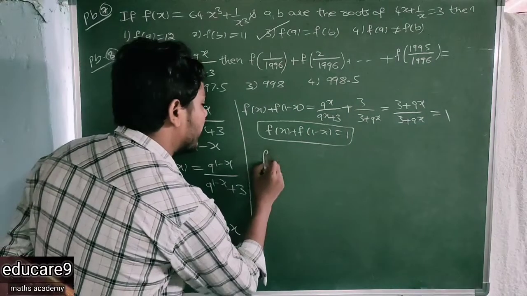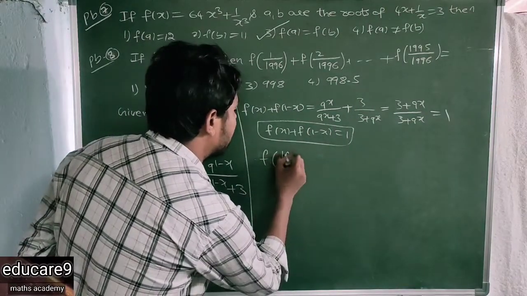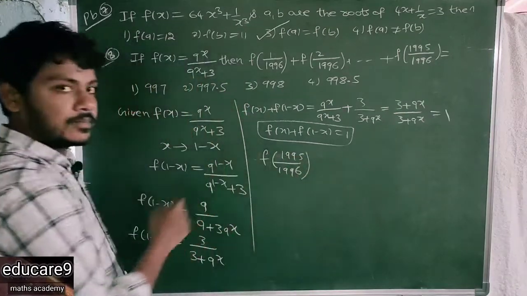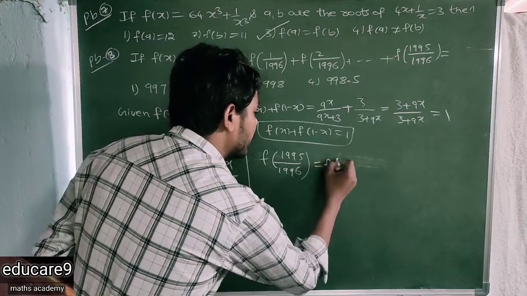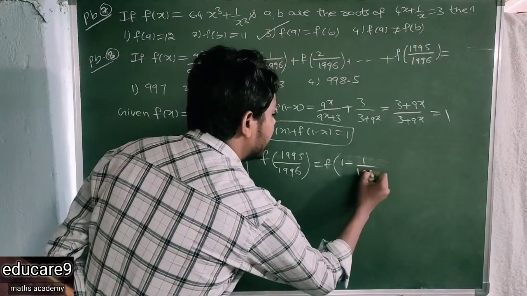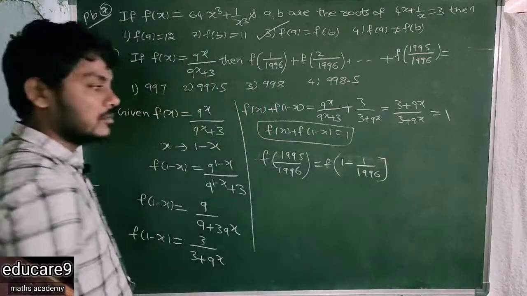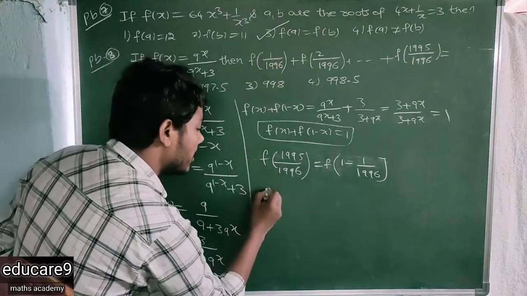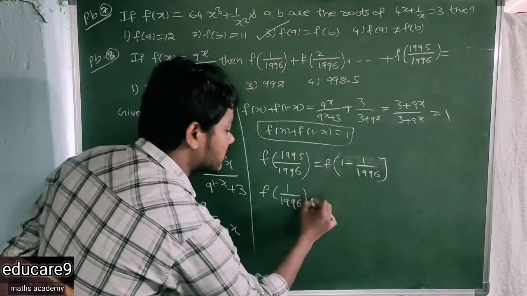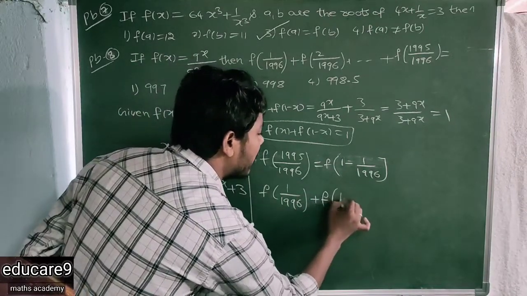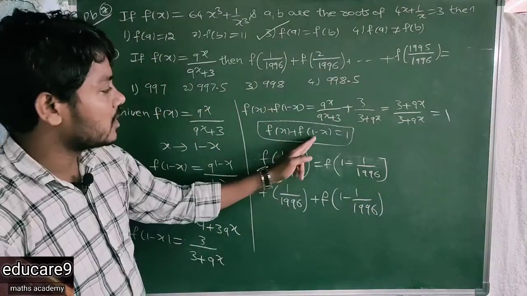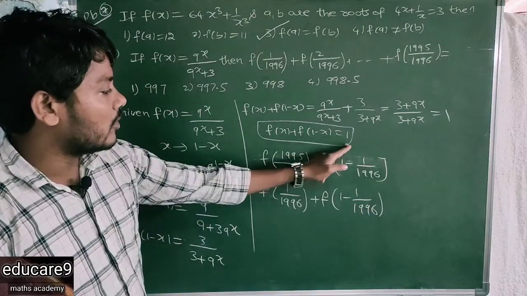Here f of 1995 by 1996 is equal to f of 1 minus 1 by 1996. Okay. So see the first value, f of 1 by 1996, and the last value is plus f of 1 minus 1 by 1996. So clearly, what is that value? 1 only, no?